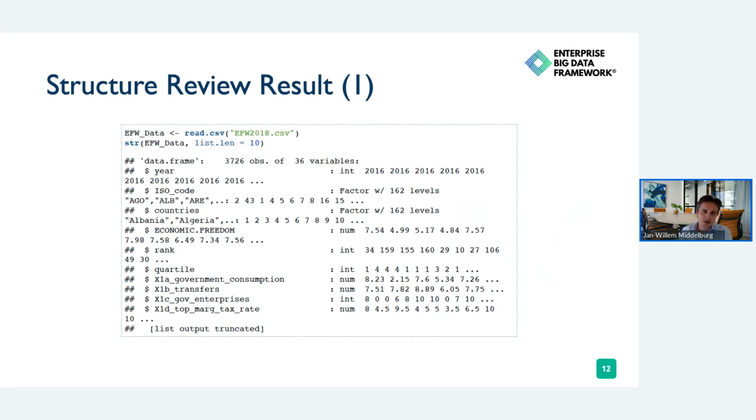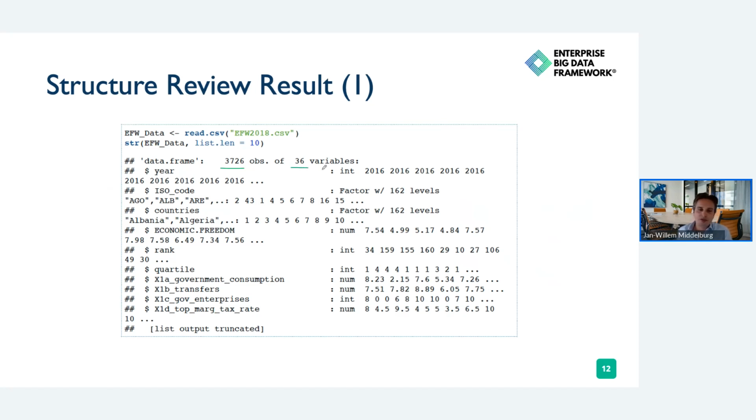So here on the slide, I have an example. This one is going to be from R, and to keep things fair, the demo today is going to be using a Python example, but the basic idea is still the same. So what you can see right over here is that in this specific data set, there are a number of observations, 3,726 to be exact, and 36 different variables.